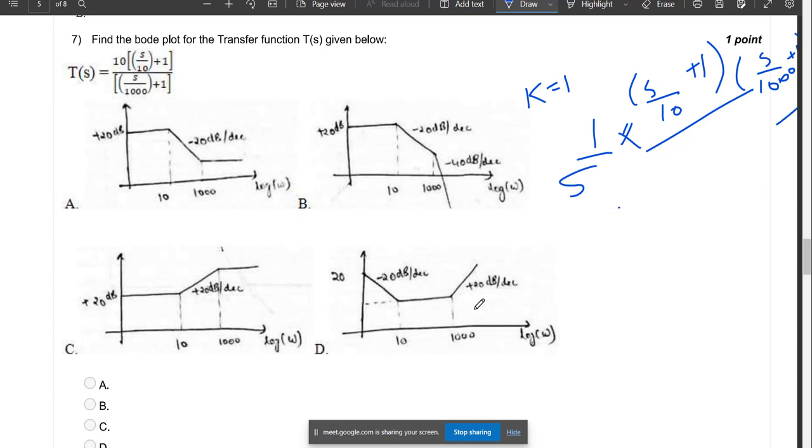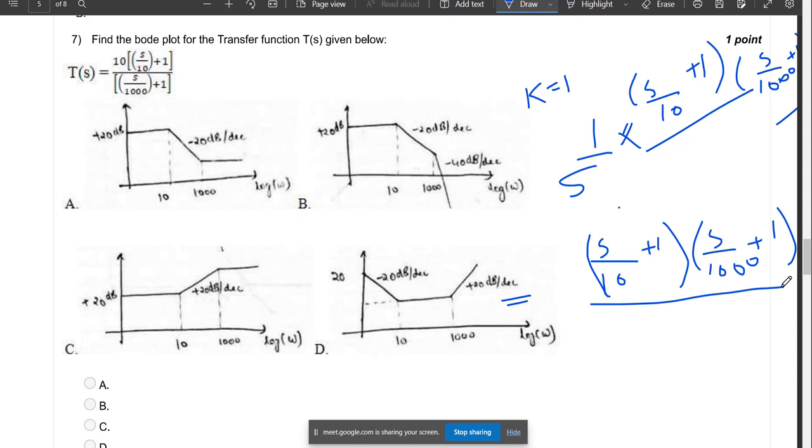So overall the transfer function will be something like this: s by 10 plus 1, s divided by 1000 plus 1, and it's starting at 1 by s.